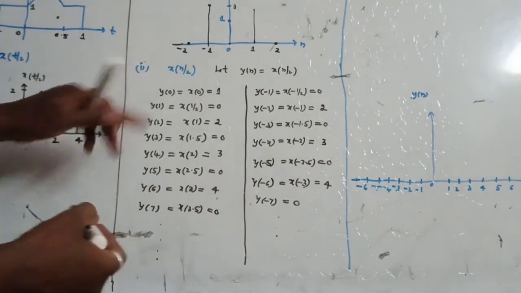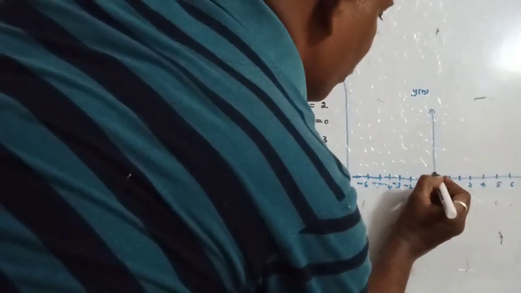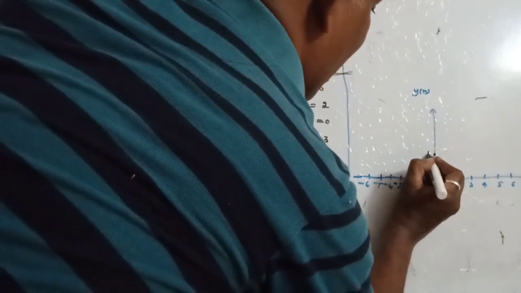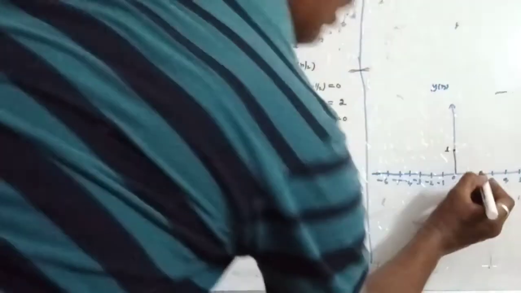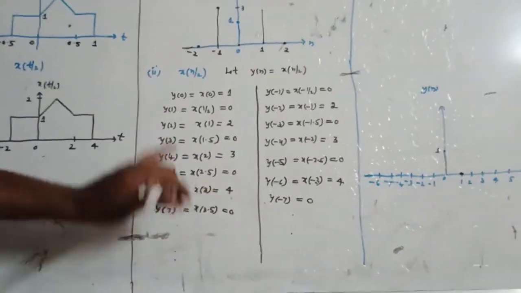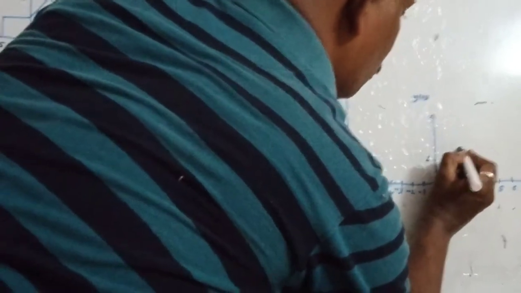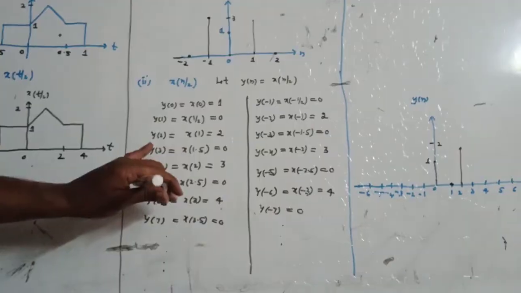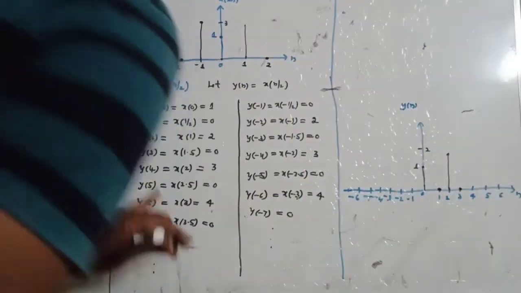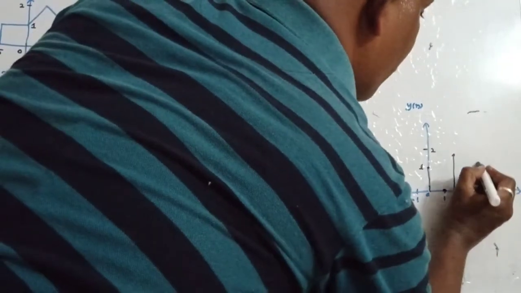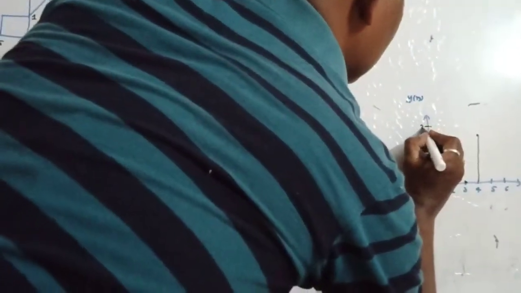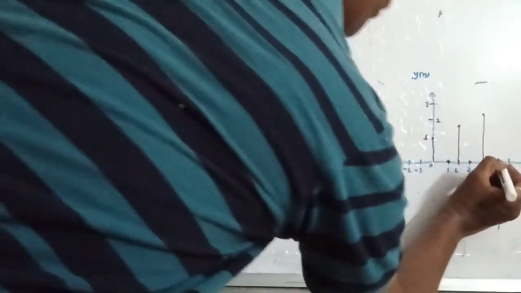Just to substitute the amplitudes, y of 0, the amplitude is 1. Y of 1, the amplitude is 0. So y of 2, the amplitude is 2. So y of 3, the amplitude is 0. Y of 4, the amplitude is 3. Y of 5, the amplitude is 0.